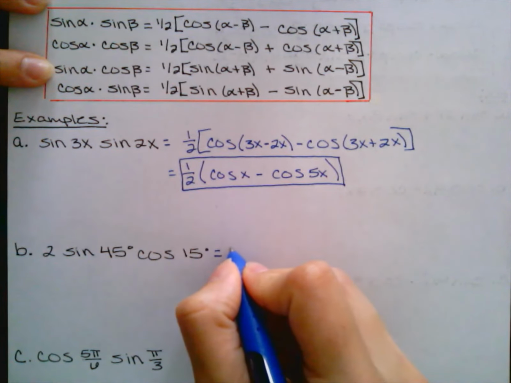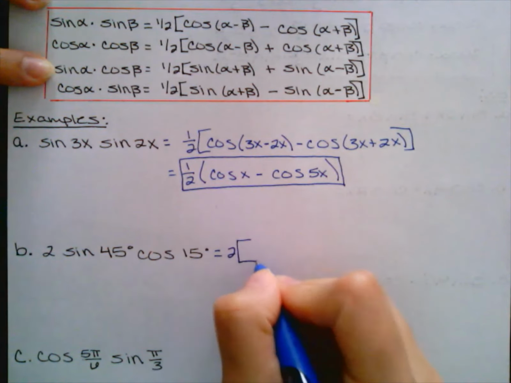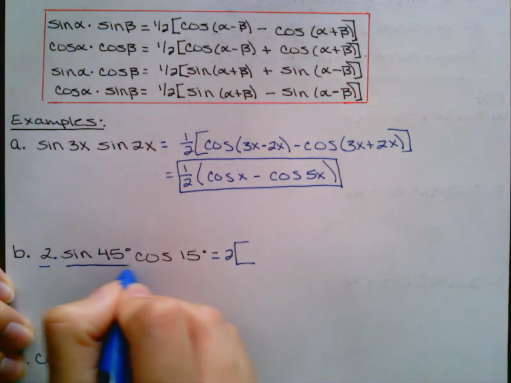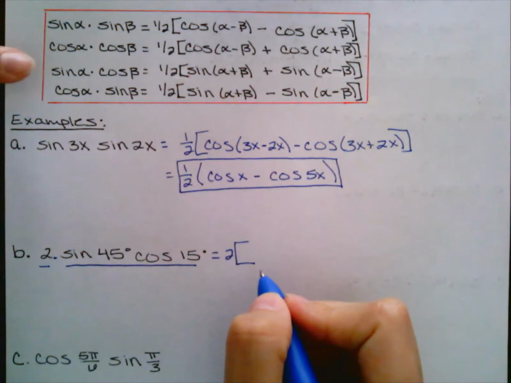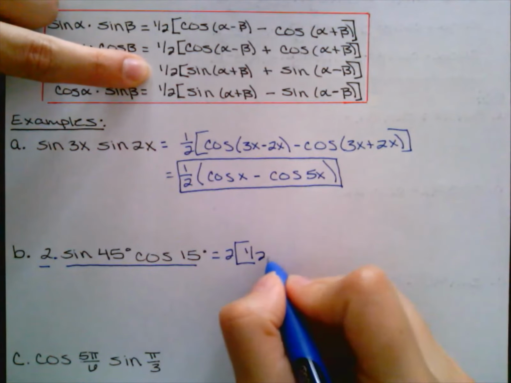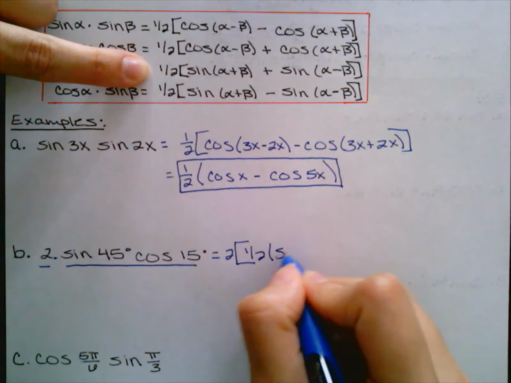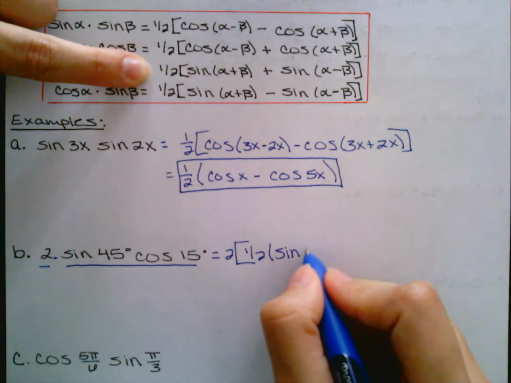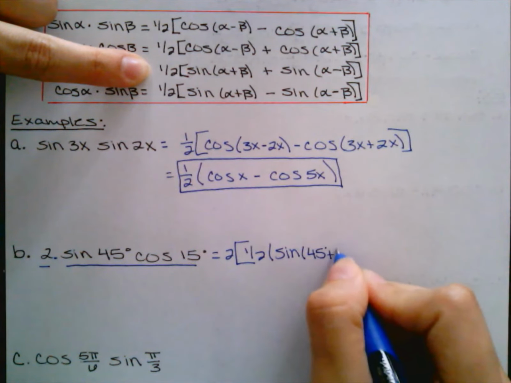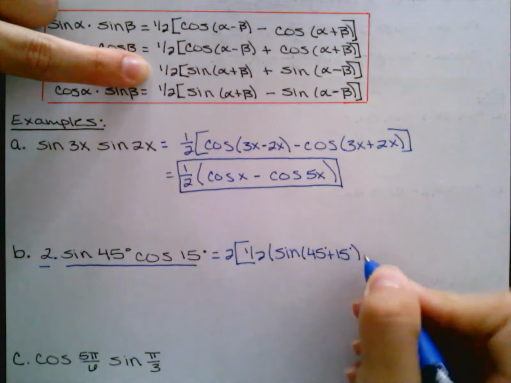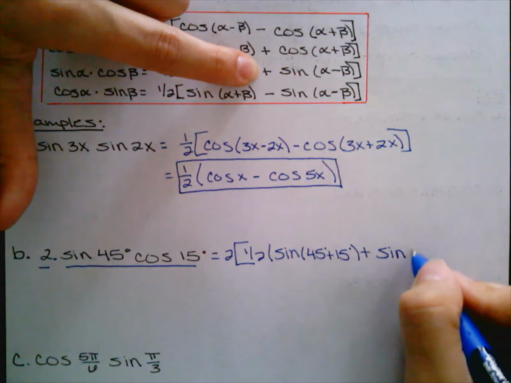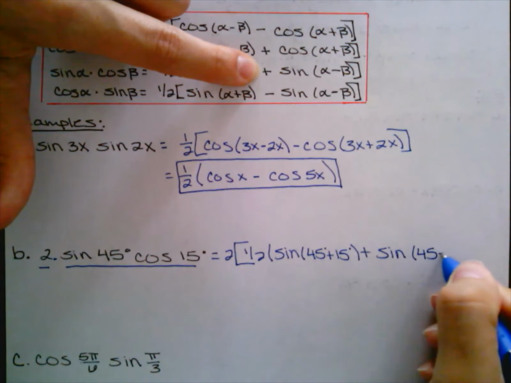All right, so I have 2 times whatever this formula gives me. This formula, the sine times the cosine, has the half, and then a sine of the two values being added. So I have 45 degrees plus 15, and then plus sine of the two values being subtracted.